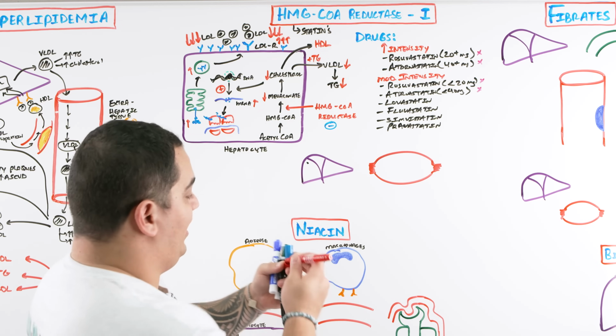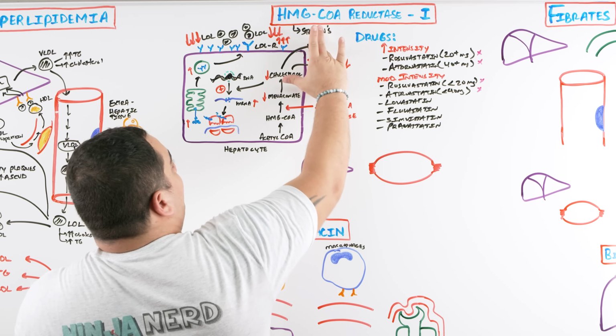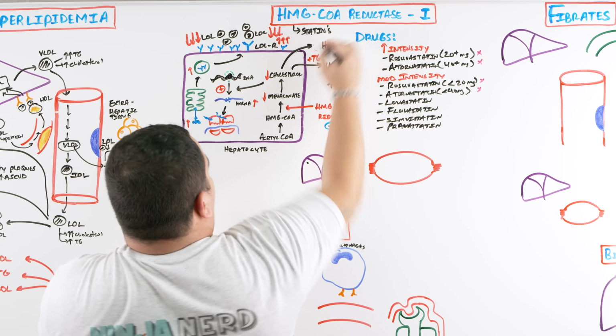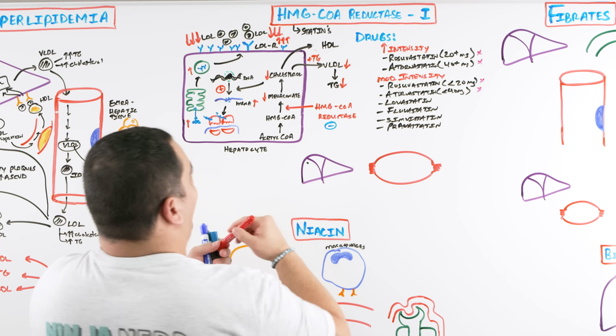And so theoretically, you may increase your HDL levels, but again, the mechanism of how it does this, there's no potential answer to that. But it may increase your HDL.